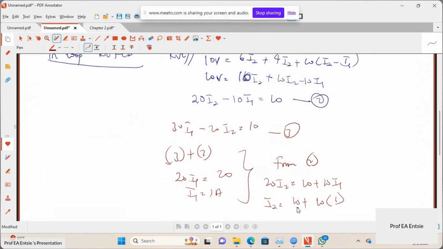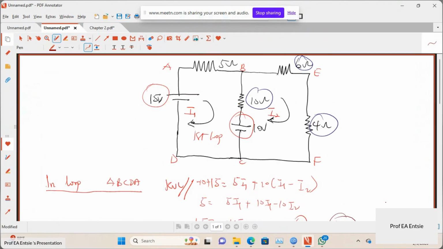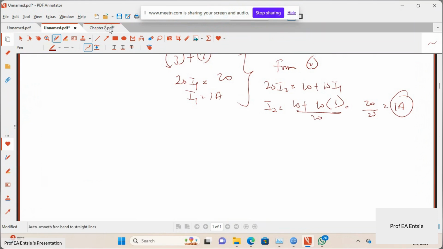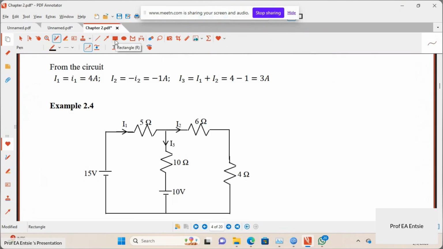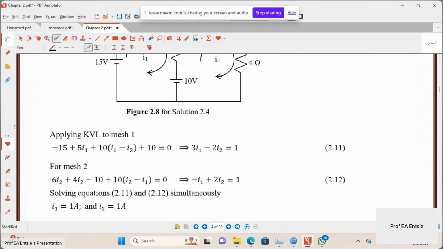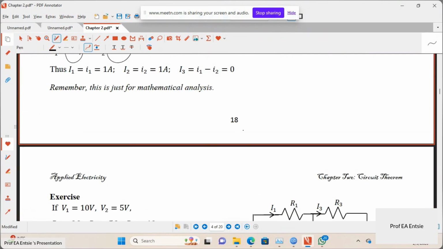Then you divide through by 20. So I'll get 20 on 20, which is 1 ampere. So the current in loop 2 is 1 ampere. So that is the solution for that problem. So you can see that we had 1 ampere, 1 ampere. You are done.